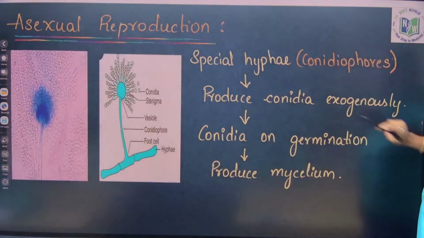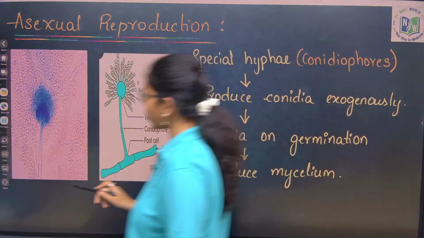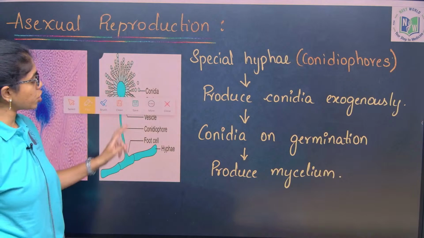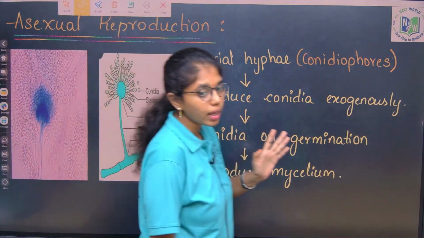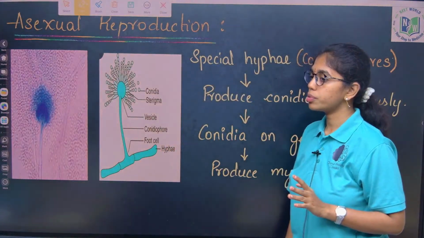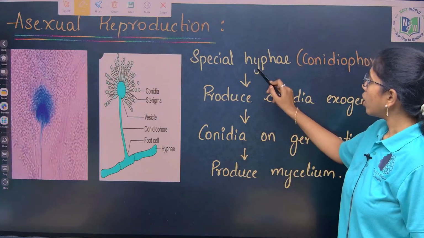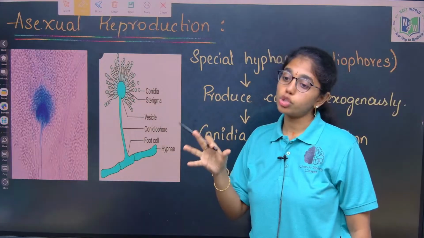Next, asexual reproduction in Ascomycetes. The asexual spores which are present are conidia. We have discussed yesterday that the exogenously released asexual spore is conidia. Conidia from conidiophores will be dispersed out exogenously.